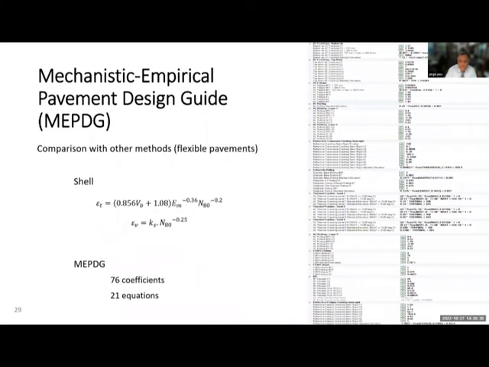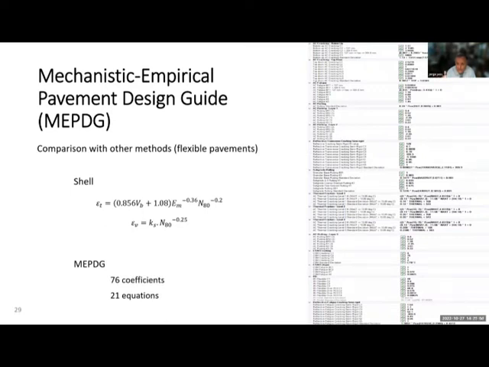And in terms of comparison, we can see that for the MEPDG, we have 76 coefficients and 21 equations for flexible pavement that can be configured for different applications.